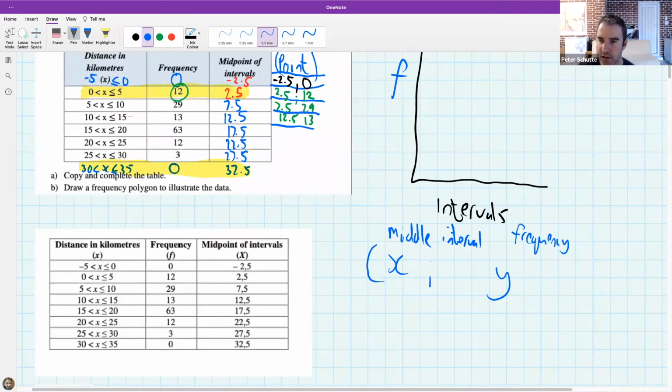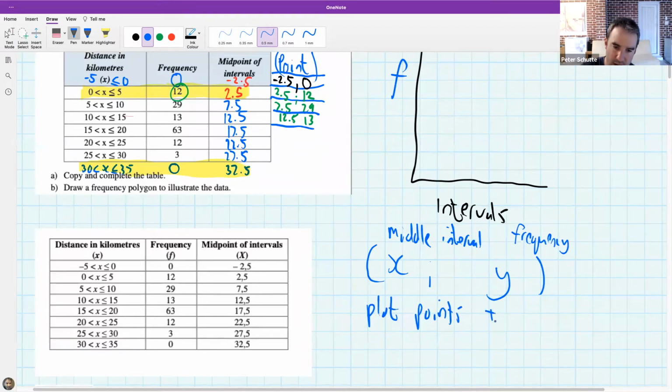Okay. And that's all you need to understand. Once you know the middle of the interval is the x, and the frequency is the y, then all you do is plot the points and join them. You join them with straight lines.